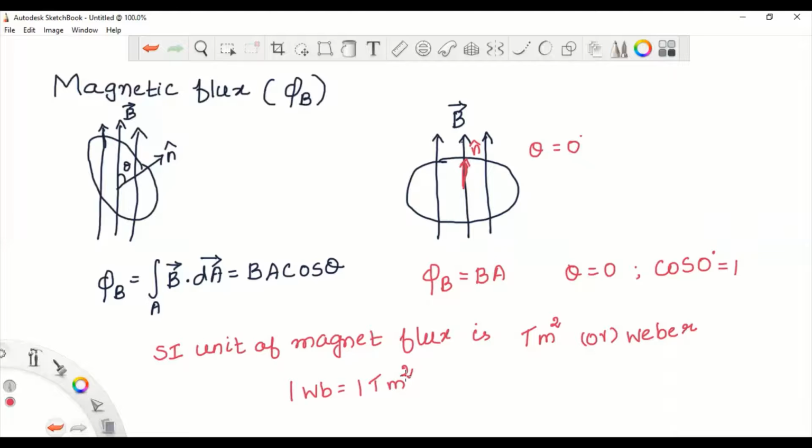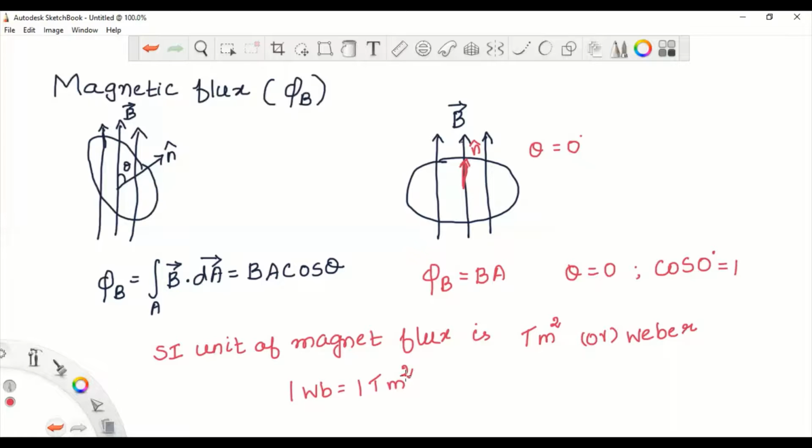Now let's see the very important law which is connected with electromagnetic induction. I told you that Faraday demonstrated many experiments and he stated his experimental observation in the form of a law called Faraday's law of electromagnetic induction.